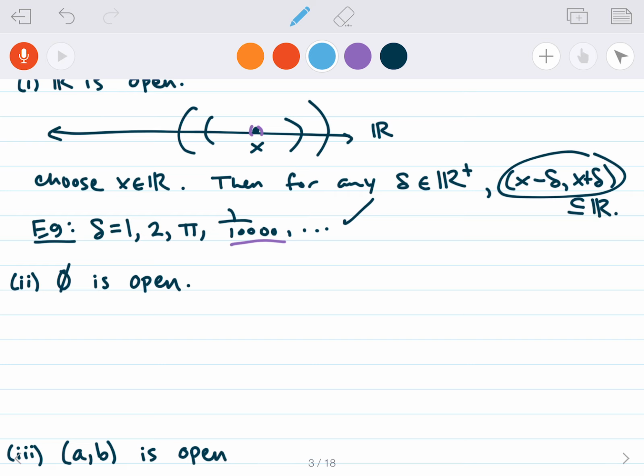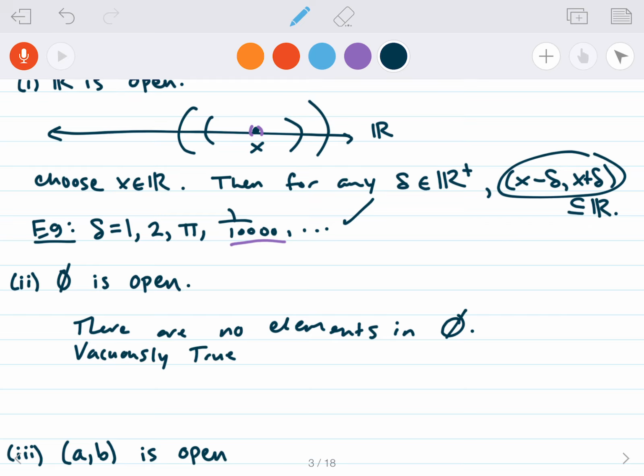But there are no elements in the empty set to work with. What we say here is that the statement is vacuously true. What this means is that there's nothing to contradict openness here.